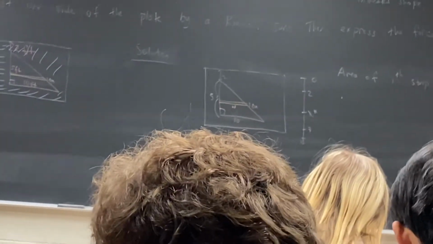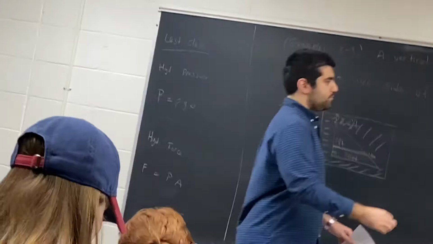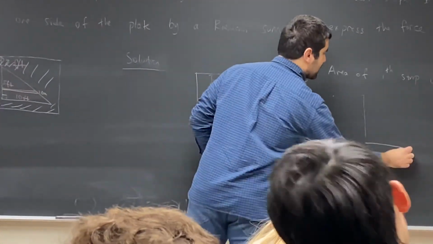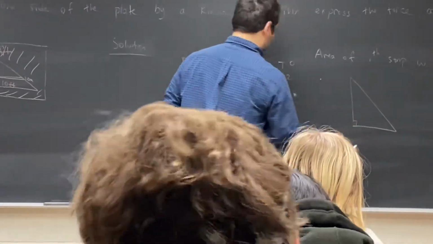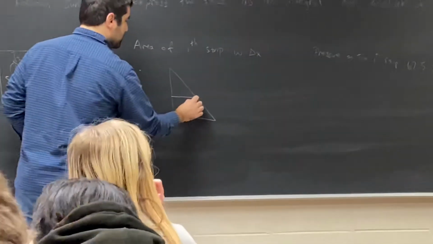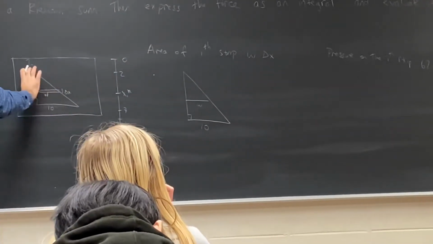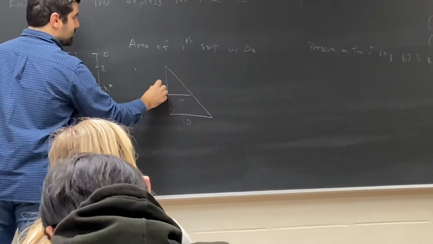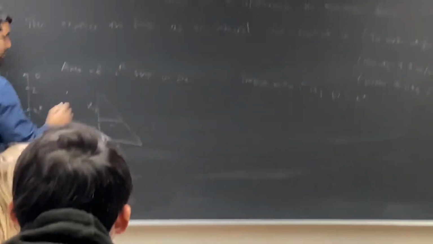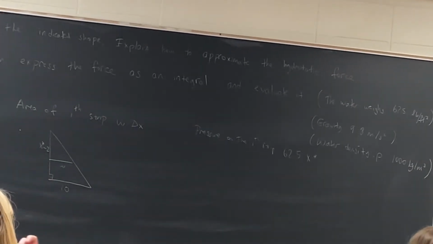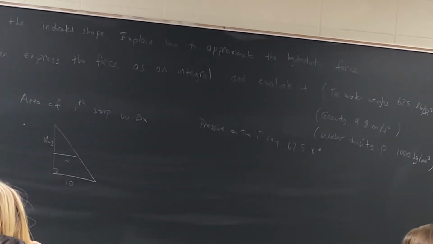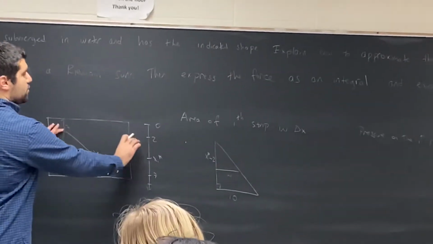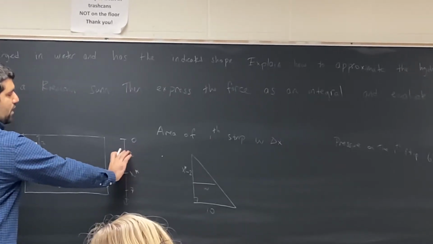We will need to use similar triangles. So let me sketch the triangle here. We know that this is 10, this is W. What about this length? It's from 2 to xi star, right? So can we just write xi star minus 2, right? This is the vertical distance, and it corresponds to the distance from 2 to xi star on the diagram.